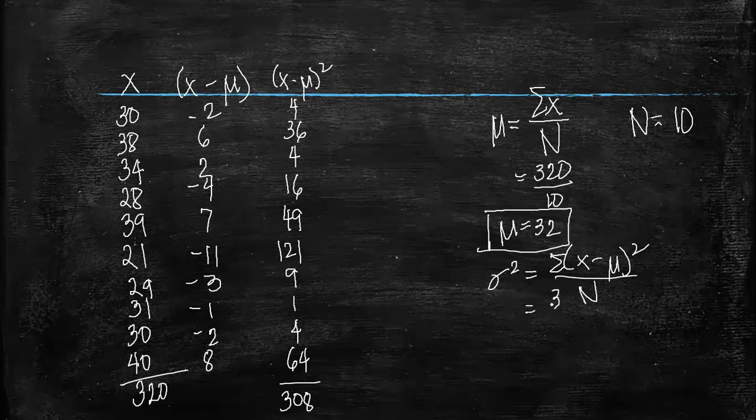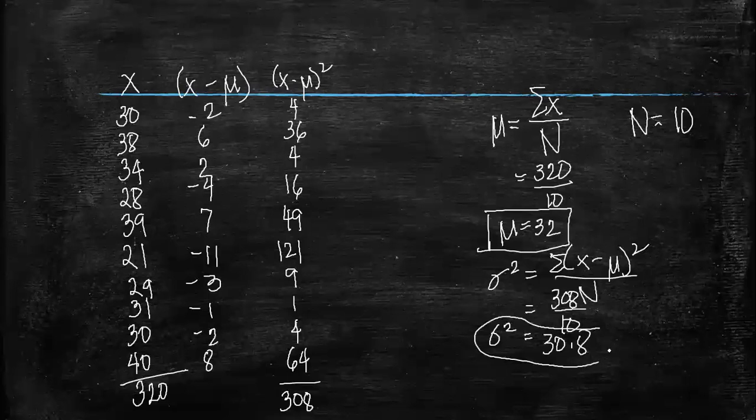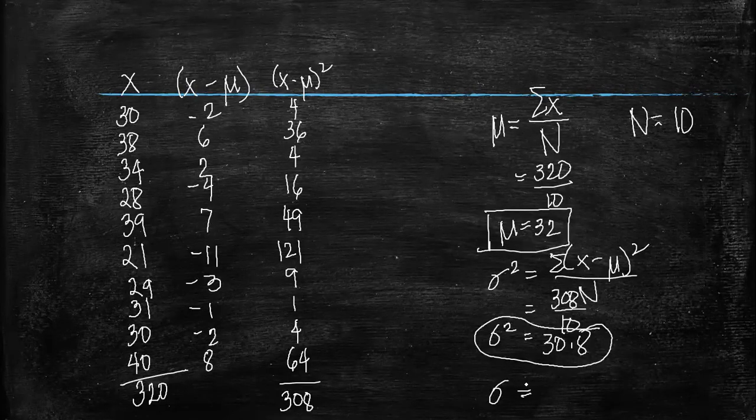So, yun na. I-substitute na natin siya. 308 divided by 10. So, that is our variance. So, we have 30.8. From 30.8, square root natin yan. That would be our standard deviation. So, square root of 30.8, that would be 5.54977.